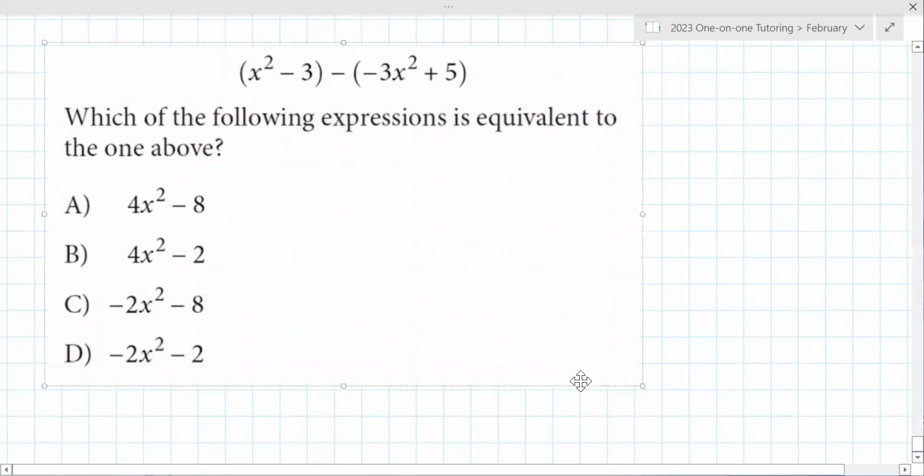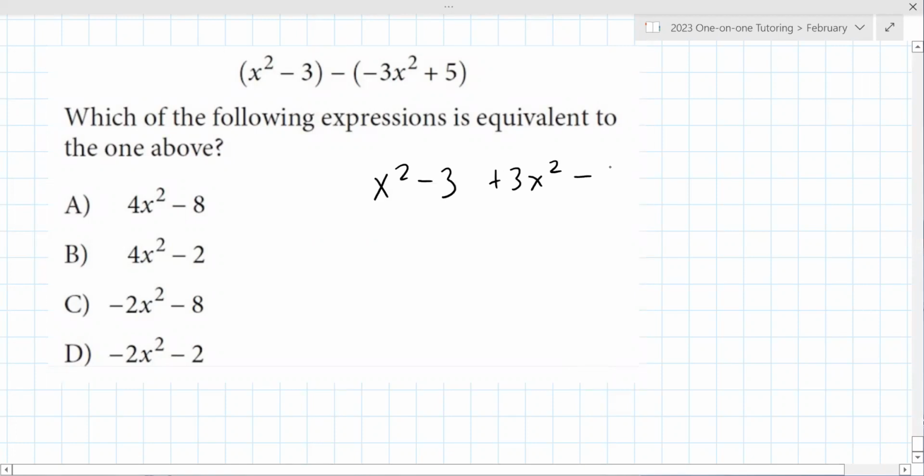All right, here you go. Here's another one to try. Positive 3x squared plus negative 5, and then negative 5, and it would be either A or C, right?